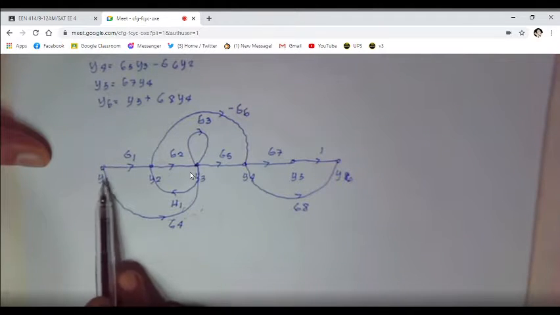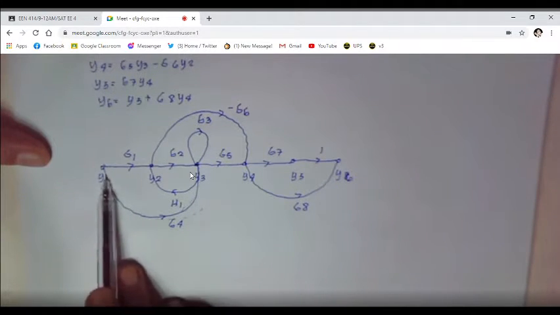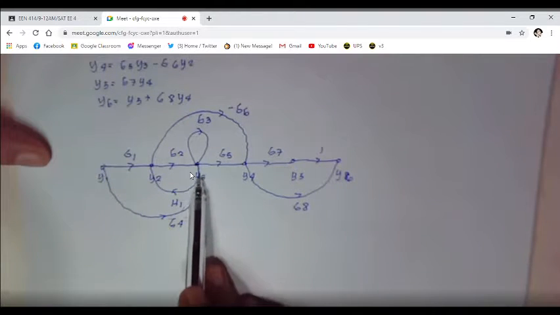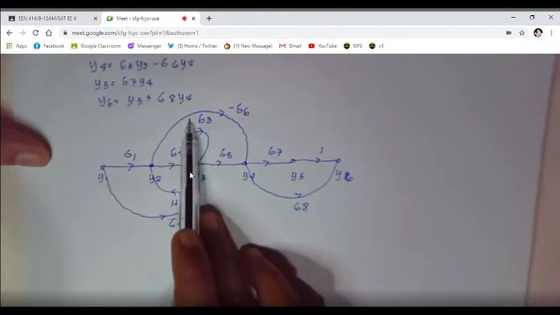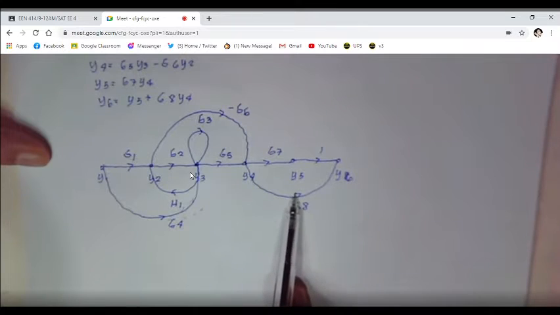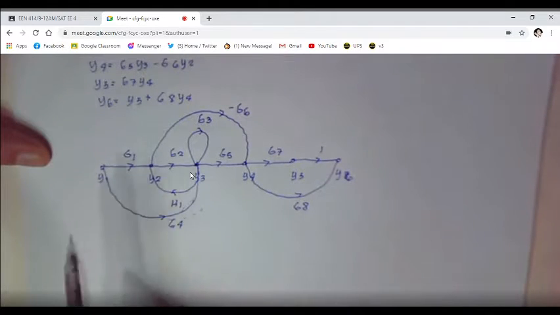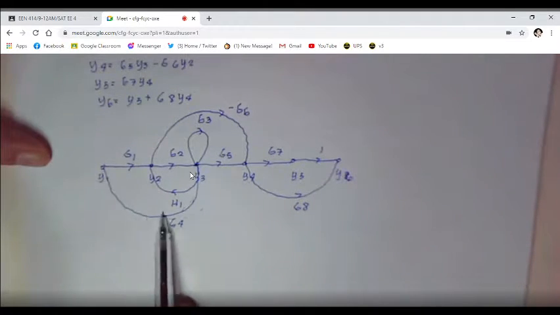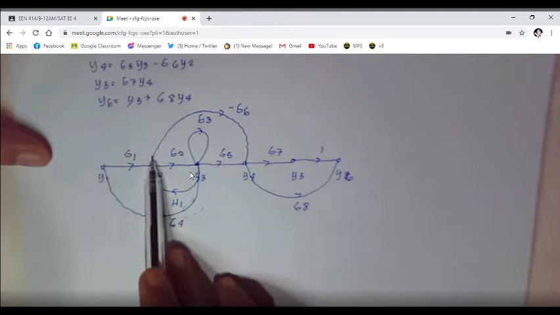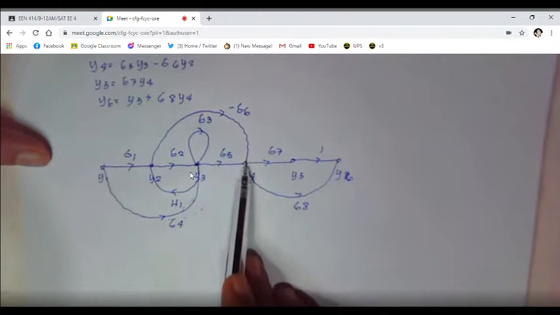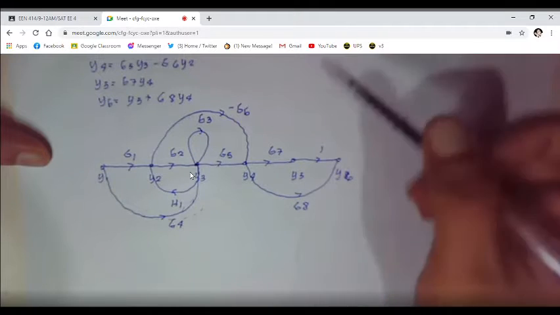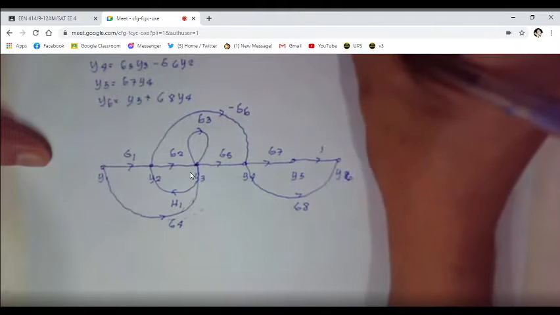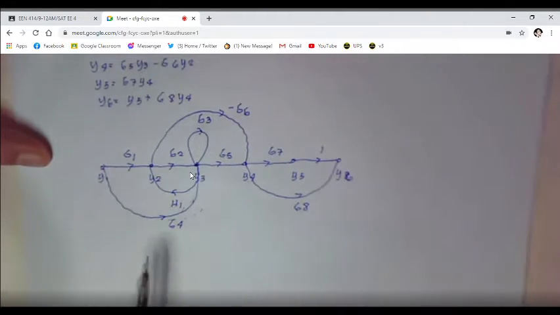O 7. 7 ba yun? Ito. 7 lahat, no? Ito yung pang 7. Diba? 8 lahat nga. Ito pa. Ito. Yan. Diba? 8 lahat yan. 8. Okay?